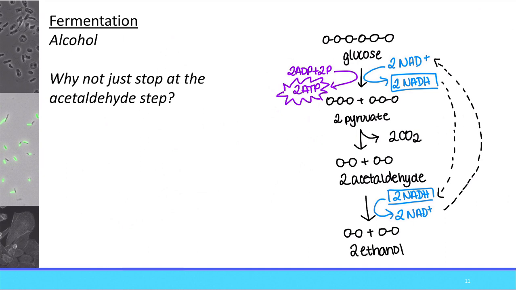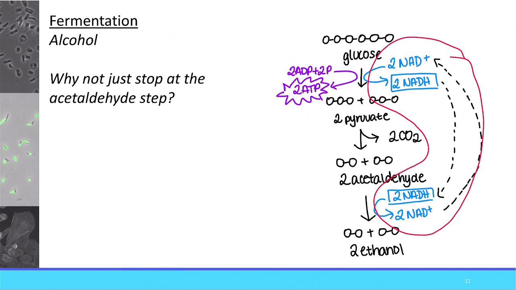All right, so welcome back. Hopefully you have brainstormed some ideas as to why we don't stop. And really the reason that we don't stop comes back to this part of our diagram. If we take a look at stage 1, we are reducing NAD+ to make NADH.